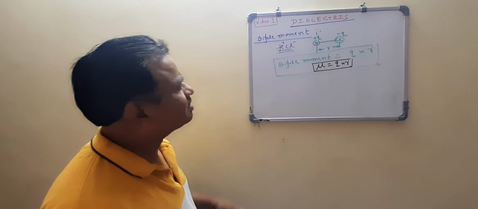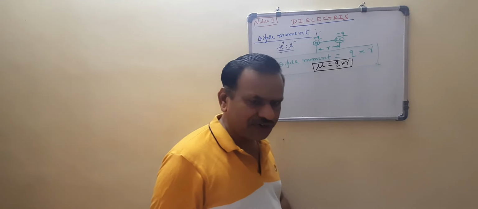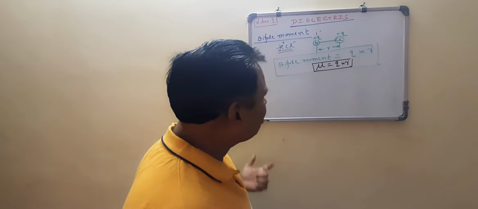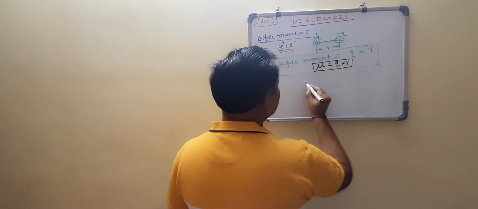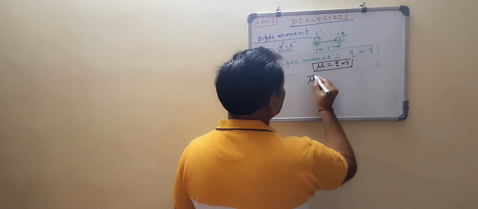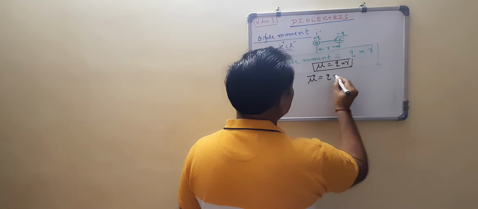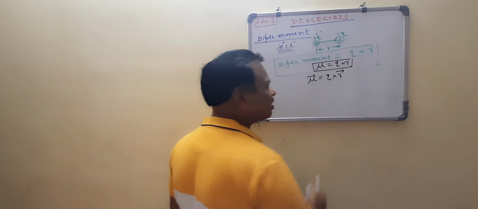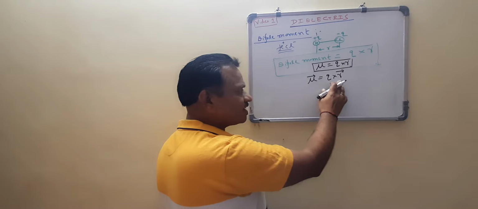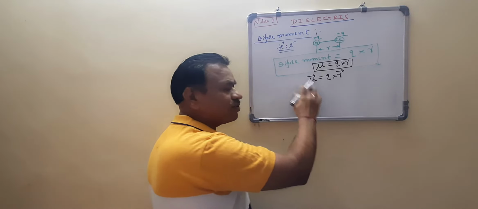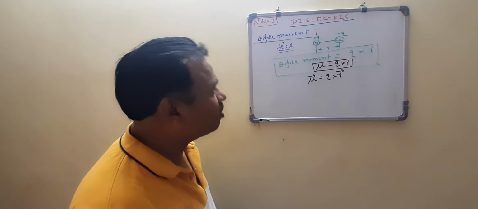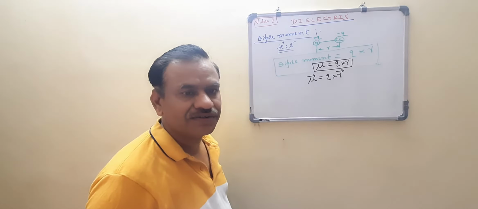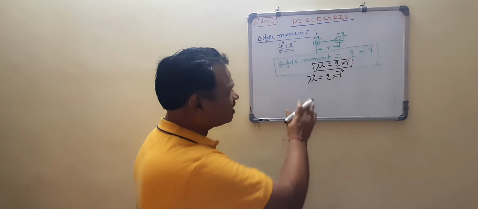Next question arises, what is the SI unit of it? Is it a scalar quantity or a vector quantity? No doubt, it is a vector quantity. Mu bar equal to Q into r bar. Here distance is a vector quantity, charge is a scalar quantity and dipole moment is a vector quantity.